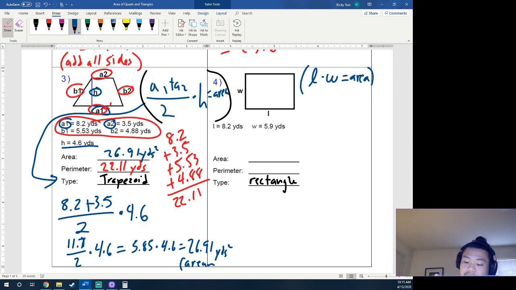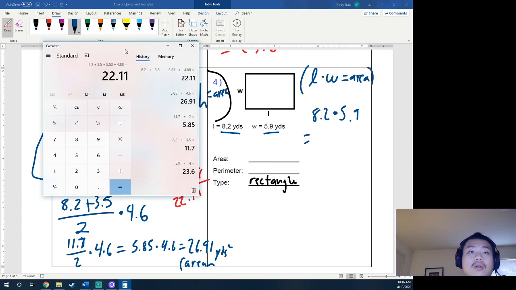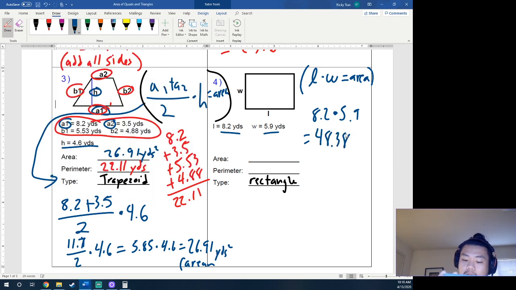With length times width, we just have this times this, or 8.2 times 5.9, which is equal to 48.38. Okay, 48.38 yards squared.